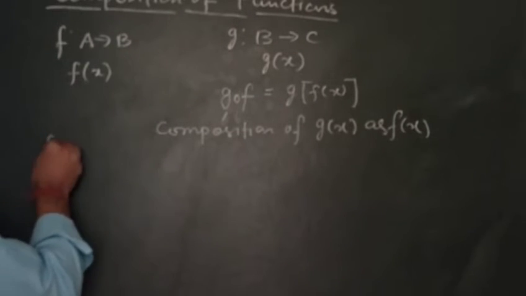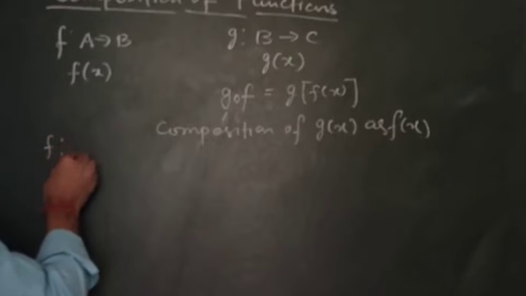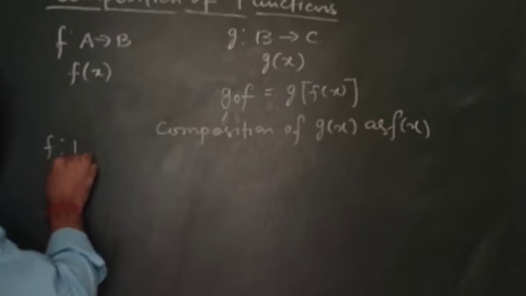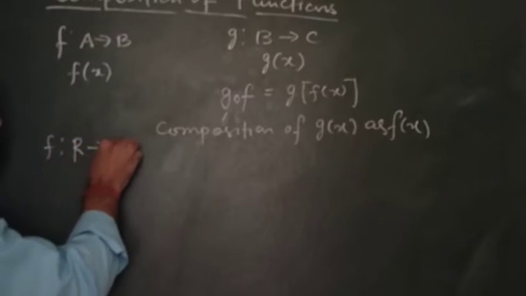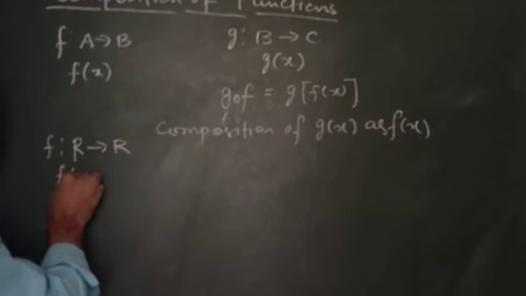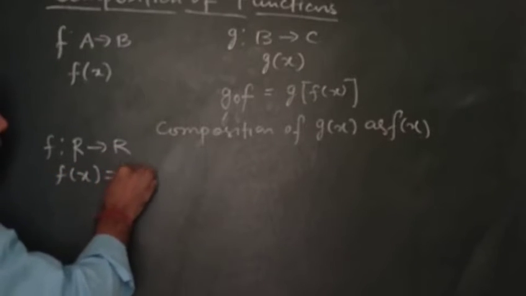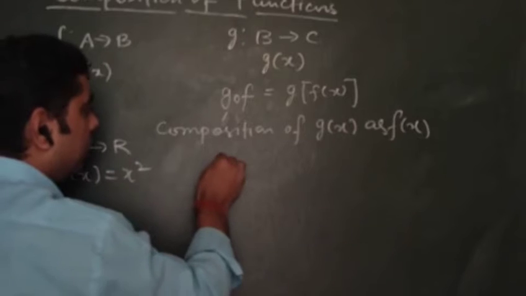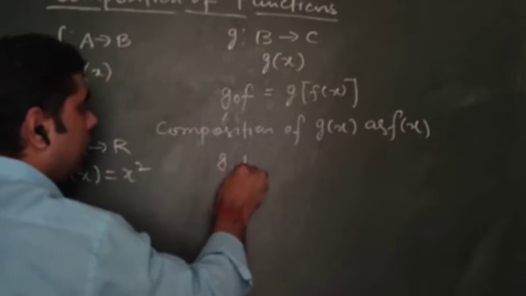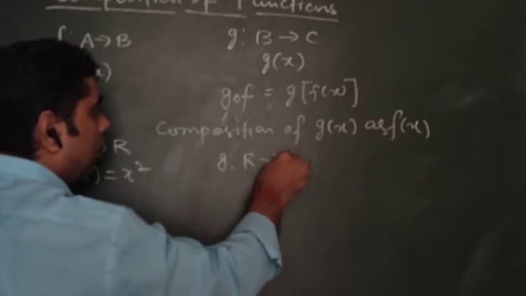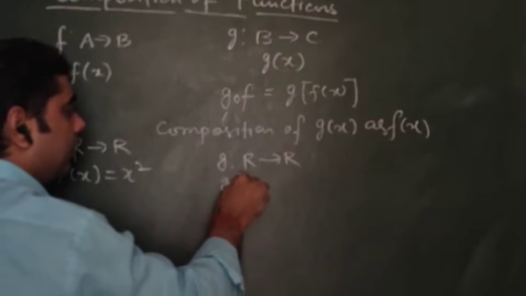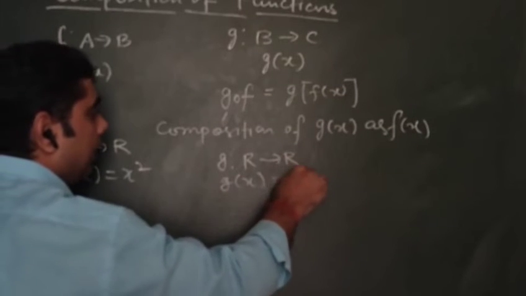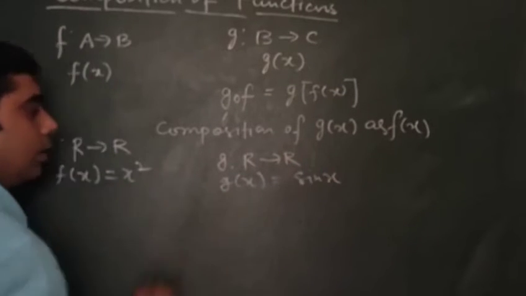Suppose function f is given from R to R, meaning real numbers to real numbers, f(x) is equal to x squared, and another function g(x) is also from R to R, and g(x) is given as sin x. Clear?